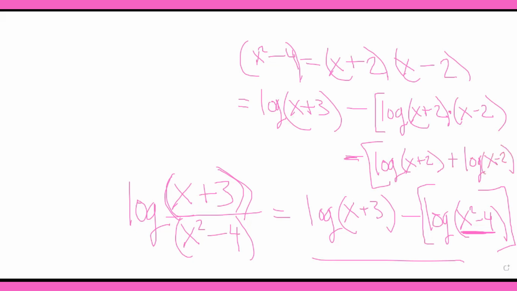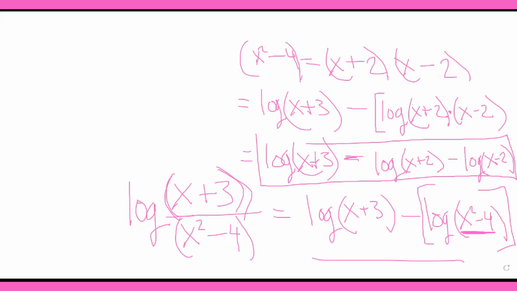So that would be expanding just that little portion, and we're subtracting that whole thing, so we would want to distribute that negative. So we still have our log of x plus 3. I'm distributing this negative. So all that means is I can take away my parentheses and make that guy negative. So this really is the fully expanded version of our original here. So these 2 are equivalent.